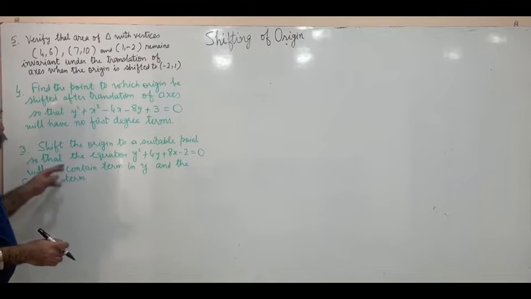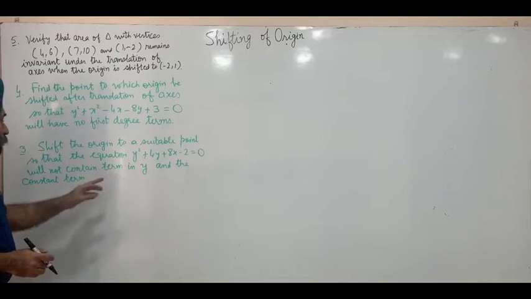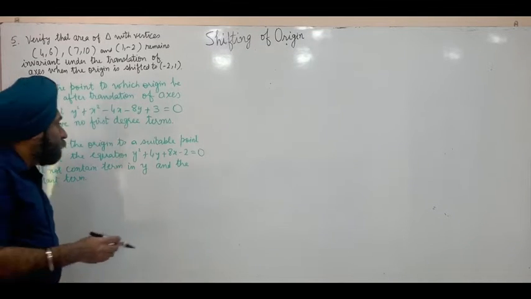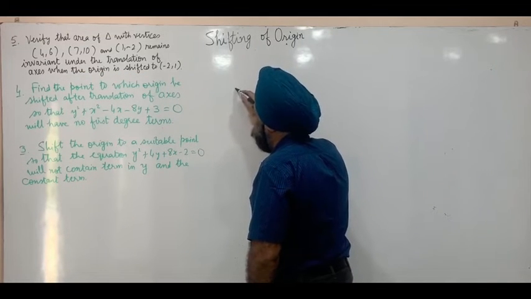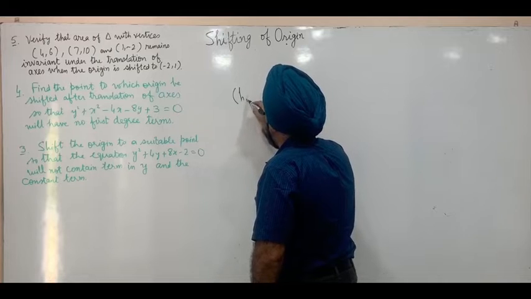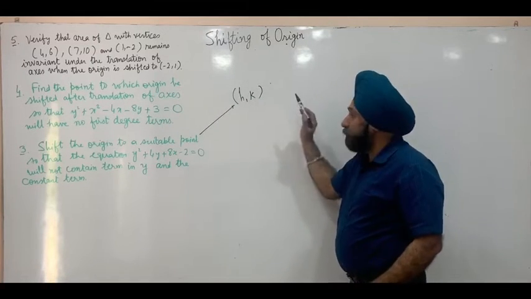In the next question, we have to shift the origin to a suitable point so that this equation will not contain the term in y and the constant term. So shifting the origin to, let's say, (h, k). The origin is shifted to, let's say, this point. So this is the suitable point.